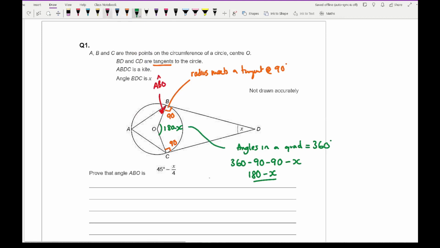Once I've got that, I know that this angle here, where you can see I've got an arrowhead, is going to be 90 minus half x.